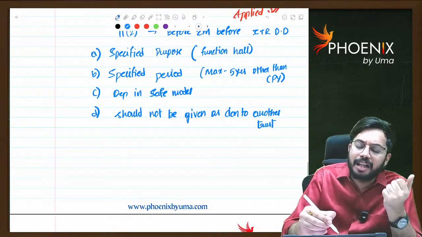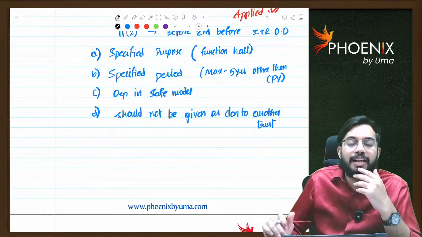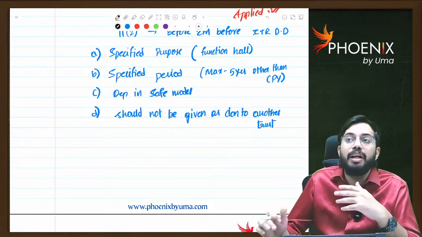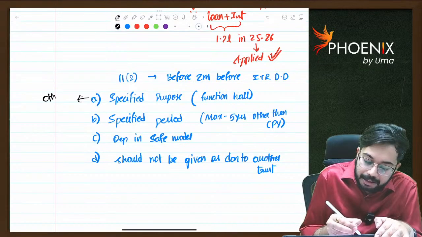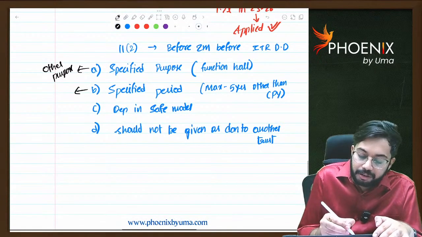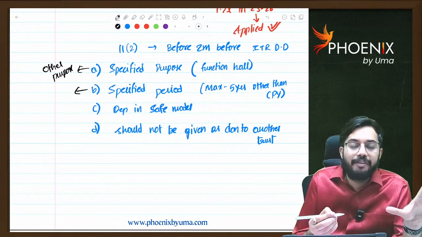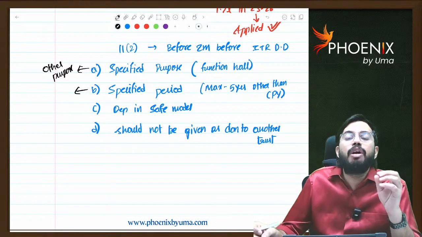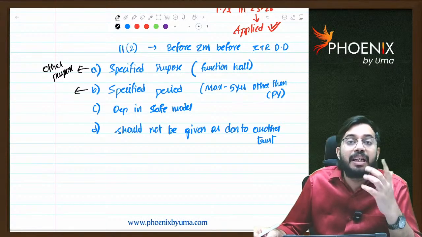Now there are chances you can violate these conditions. In the current year you will claim 10 lakhs as applied, but in a future year you may violate the condition. You may use this money for another purpose, or after 5 years, like you said you will construct a function hall in 5 years, out of 10 lakh rupees only 9 lakh rupees was used and 1 lakh rupees was unutilized.